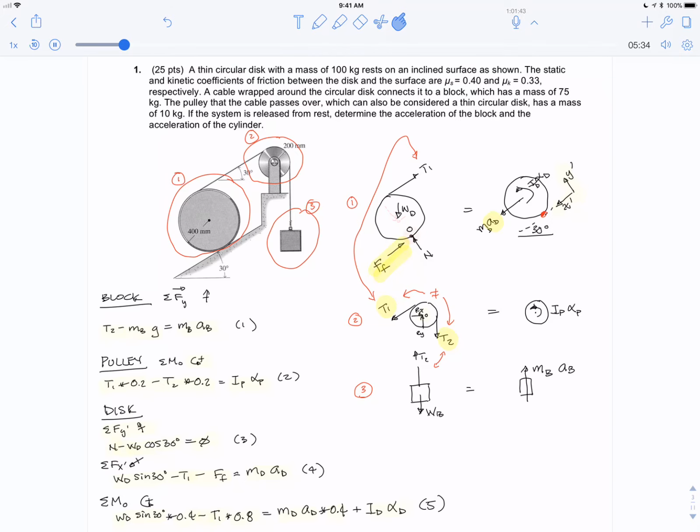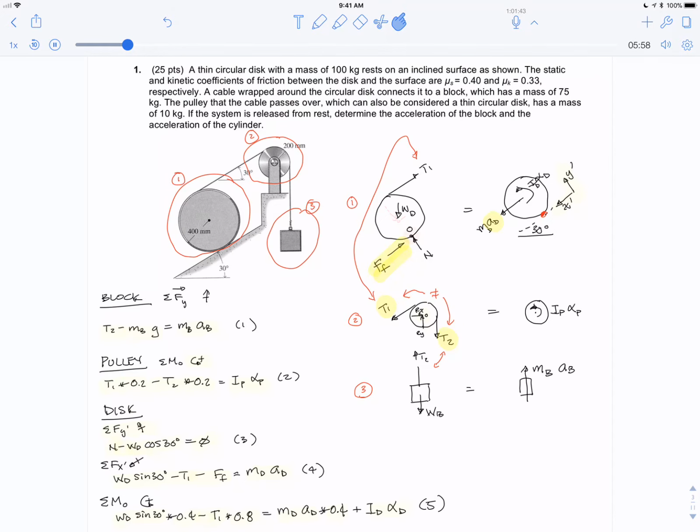Okay, so all we need to do is go through these free body diagrams and get equations. Quickly, just looking at it, it looks like I'll take the y components of the block. I'll take moments about the center of the pulley so that I don't involve those Rx and Ry reactions. And that disk will do three equations, x, y, and moment.